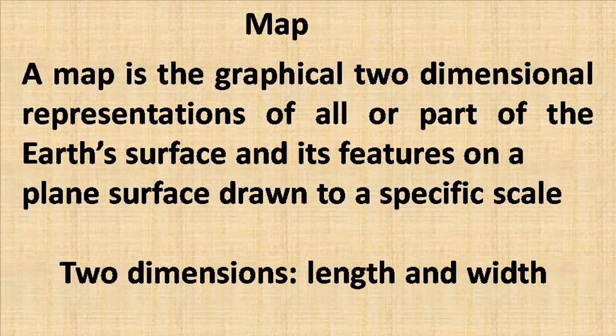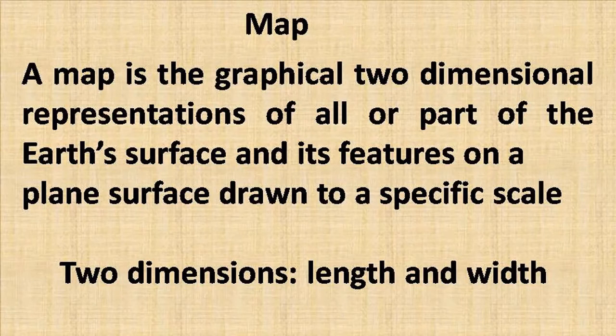Before starting with a topographical map, let us first know what a map is. A map is the two-dimensional graphical representation of all or part of the Earth's surface and its features on a plane surface drawn to a specific scale.